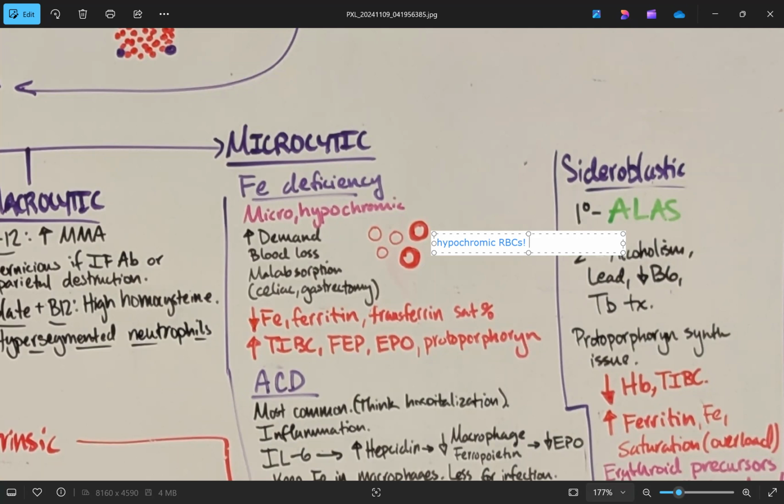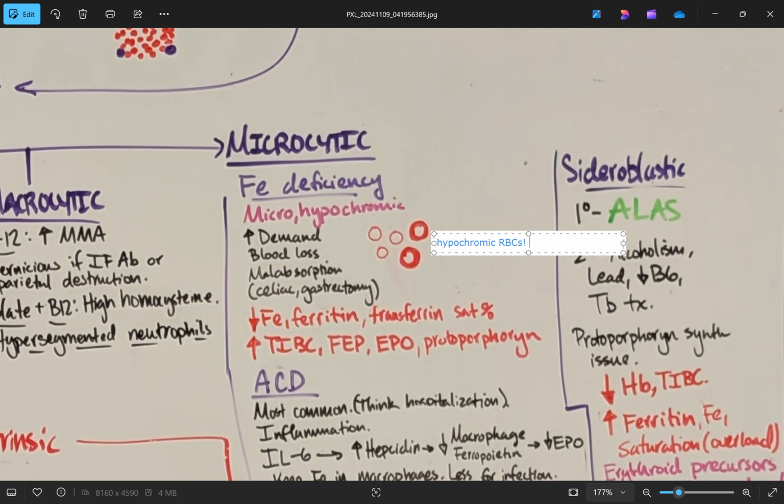For your labs, what you'll have is a decrease in serum iron and a decrease in ferritin and transferrin saturation. You'll have an increase in your TIBC, your free erythrocyte protoporphyrin, and EPO.